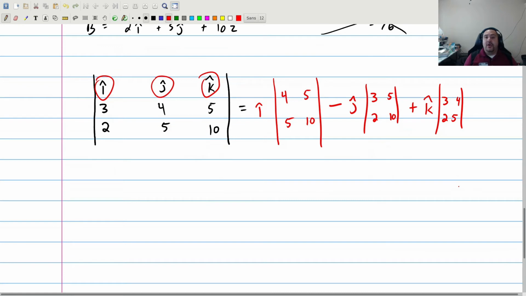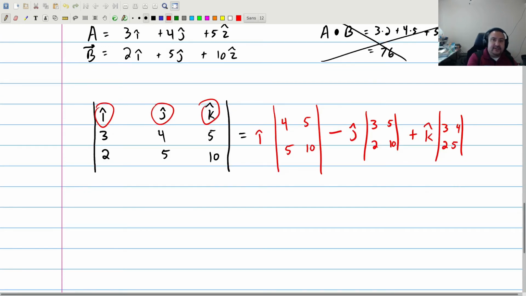Okay, so now how do you find the determinant of a 2x2 matrix? It's pretty easy to do. Here's what you do. It's this times this minus this times that. So multiply diagonally, going from top left to bottom right, minus top right to bottom left. So in this case, this would be i hat times 4 times 10 minus 5 times 5.